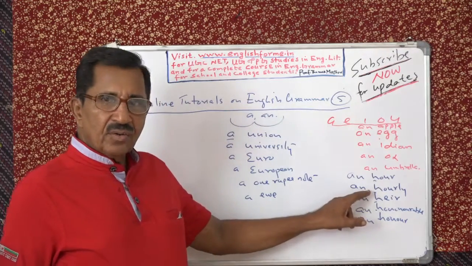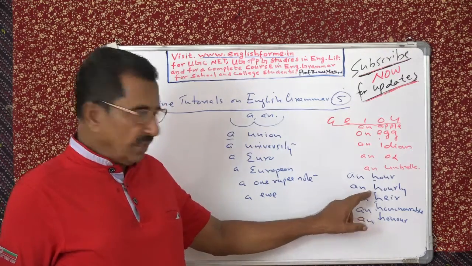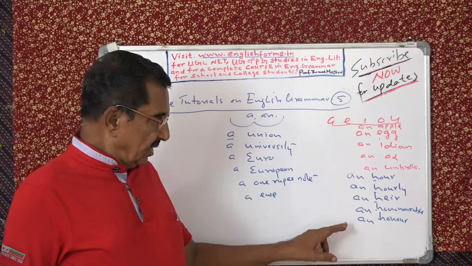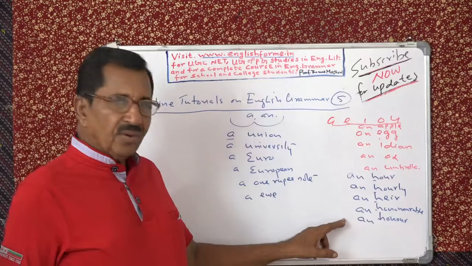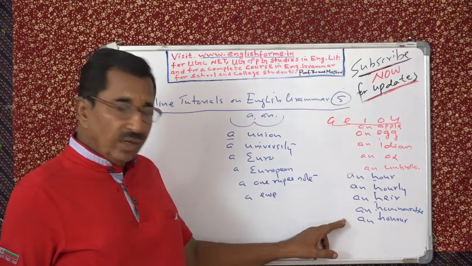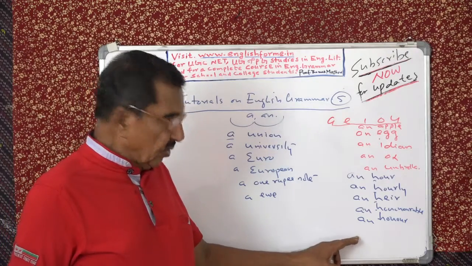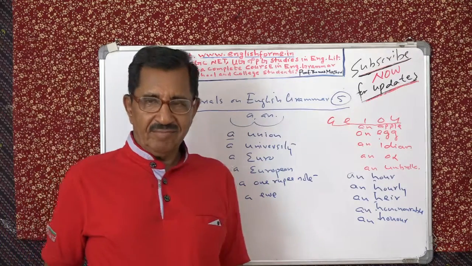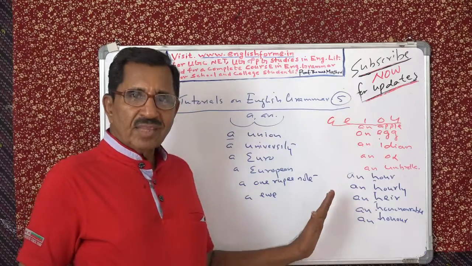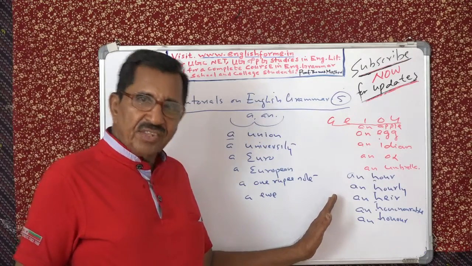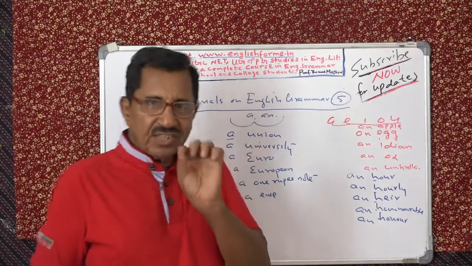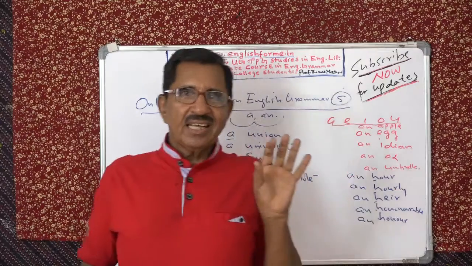An hourly, not a hourly. An heir, not a heir. An honorable, not a honorable. An honor, not a honor. So here, though the words begin with H, the first sound is a vowel sound.